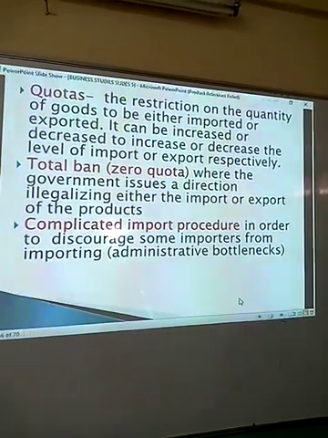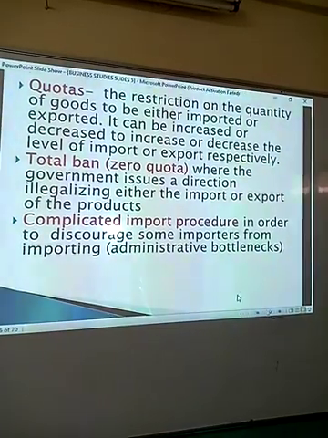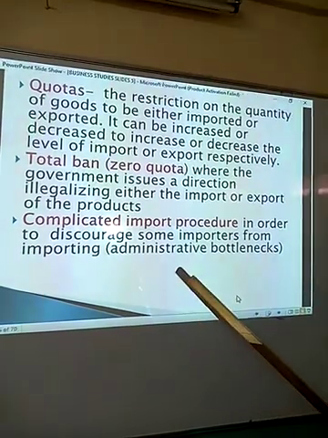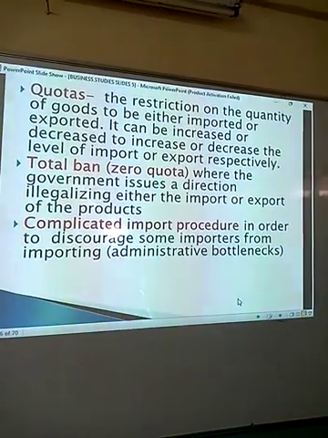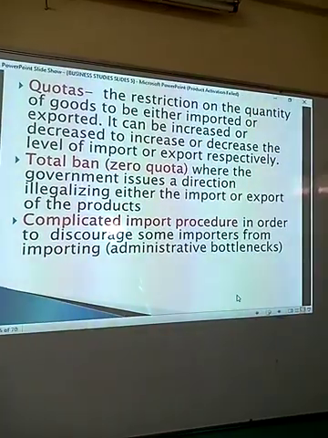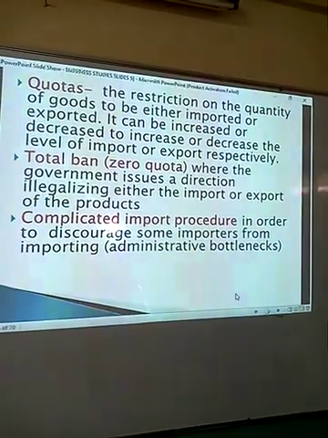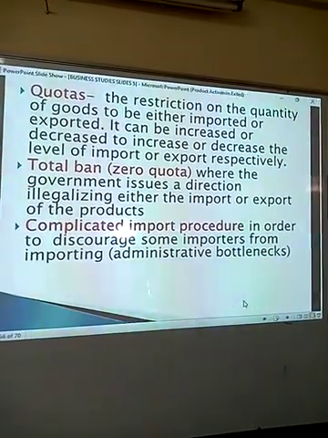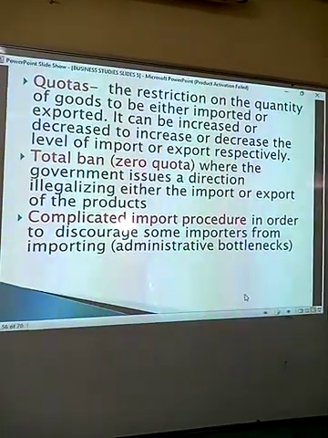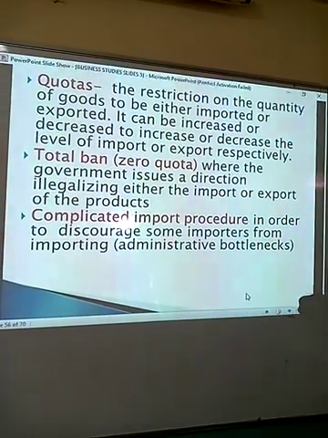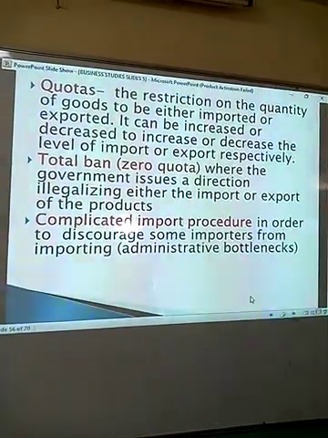Then we also have what is known as the complicated import procedure, also known as the administrative bottlenecks. When we talk of administrative bottlenecks, this is whereby a government puts very cumbersome procedures, especially in the process of importing a commodity, to discourage some importers from importing.